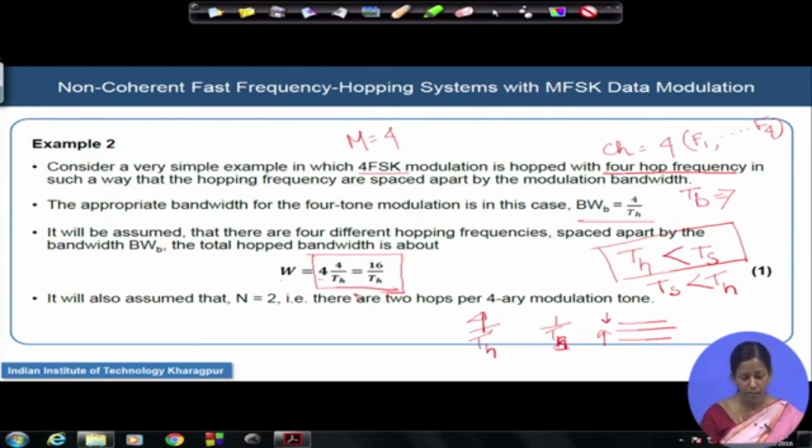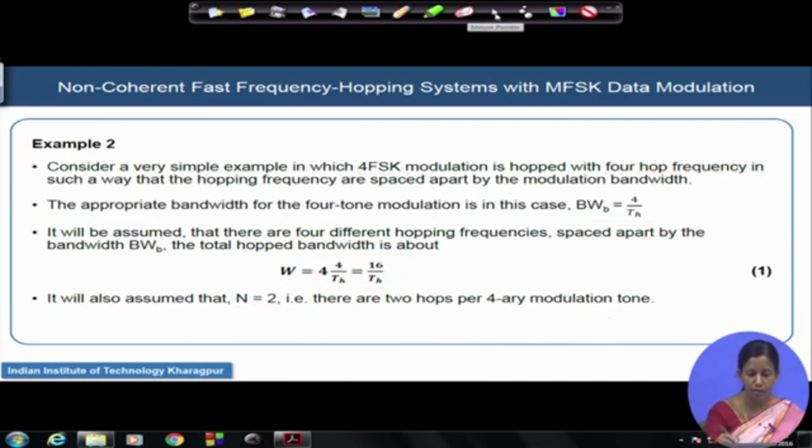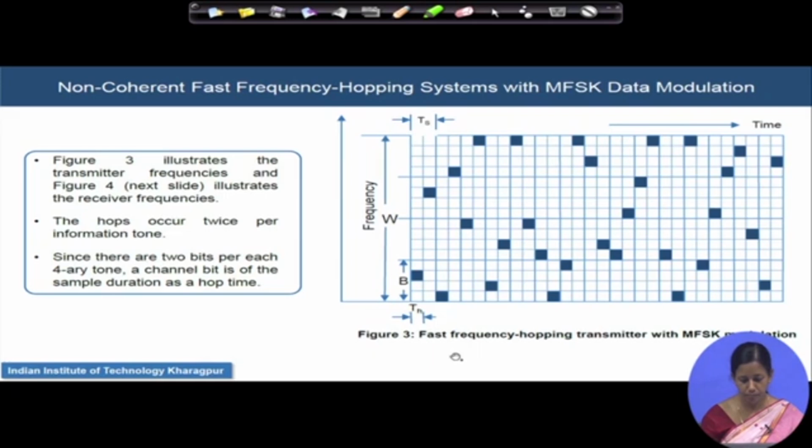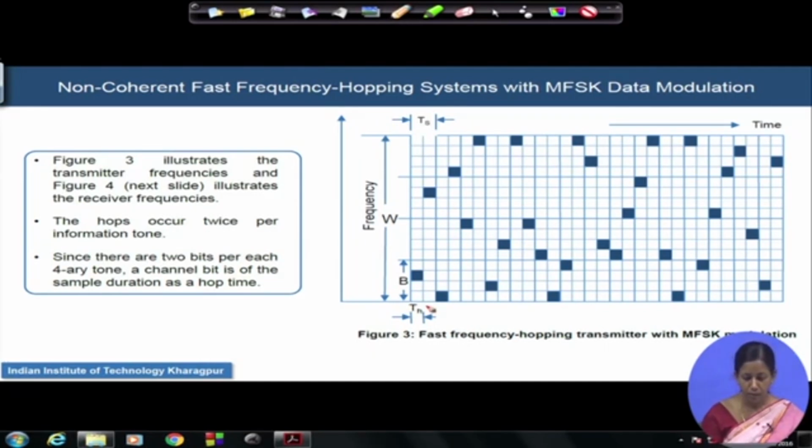And we will consider that n is equal to 2 like the earlier case, which means we have 2 hops for each 4-ary modulation tone. The point will be clear in the next slide. So, this is the situation we were trying to explain earlier. See, this is the hopping time and this is my symbol time.